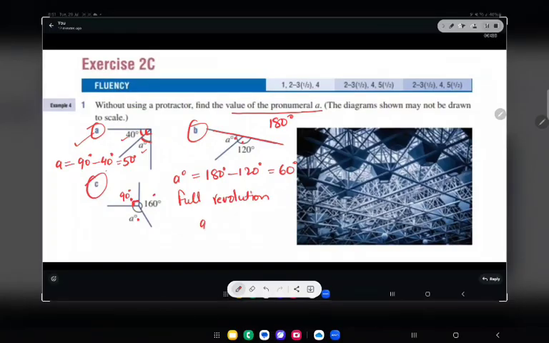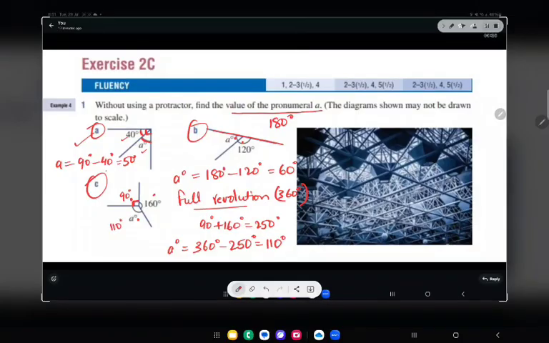So I should add 90 and 160 first, which is 250 degrees, and then subtract it from 360 degrees, because a full revolution is 360 degrees. So A degrees should be 360 minus 250, which is 110 degrees. So that's my third angle.